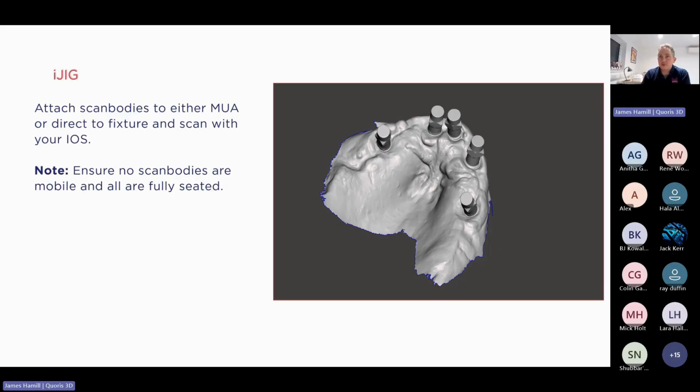And remember, as I showed you on the video, that's going to be the most inaccurate. Okay, and that's the reason that with the iJig, we have to add in a verification step, which I will show you shortly. So on all the other 3, we don't have a specific extra verification step in the workflow, but with iJig, we must do it.